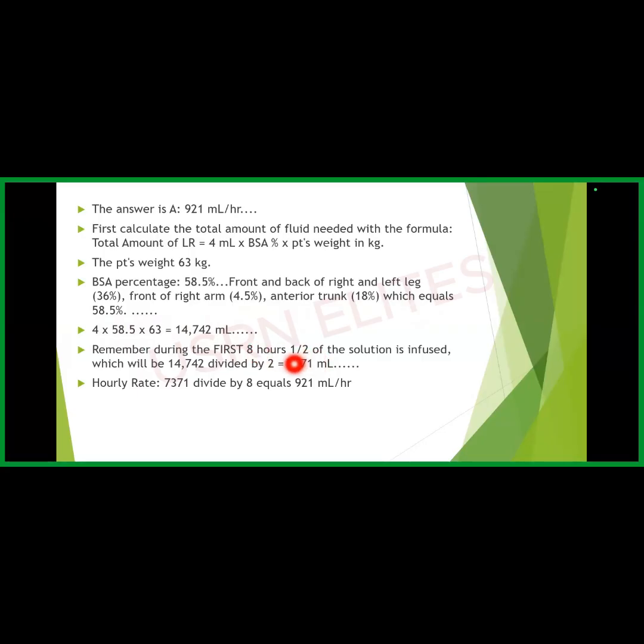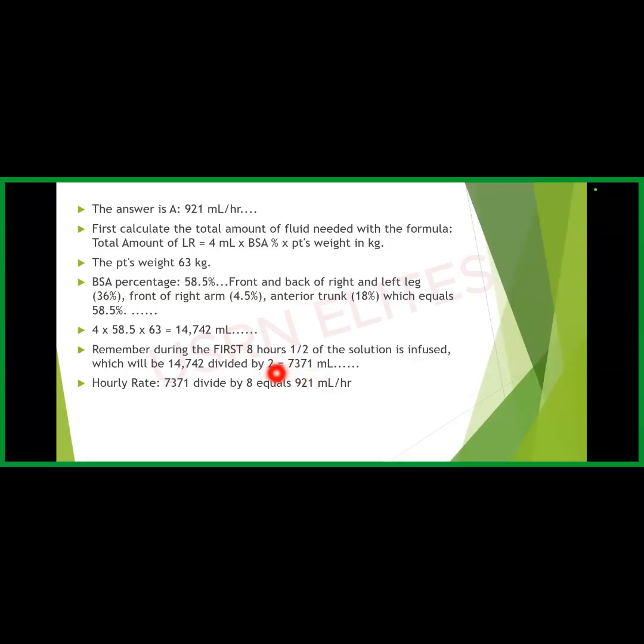But remember, the question was asking how you set the flow rate in the first 8 hours. You know that you give half of whatever you get from the calculation in the first 8 hours. So you divide this one by 2. And when you divide 14,742 by 2, you get 7,371.